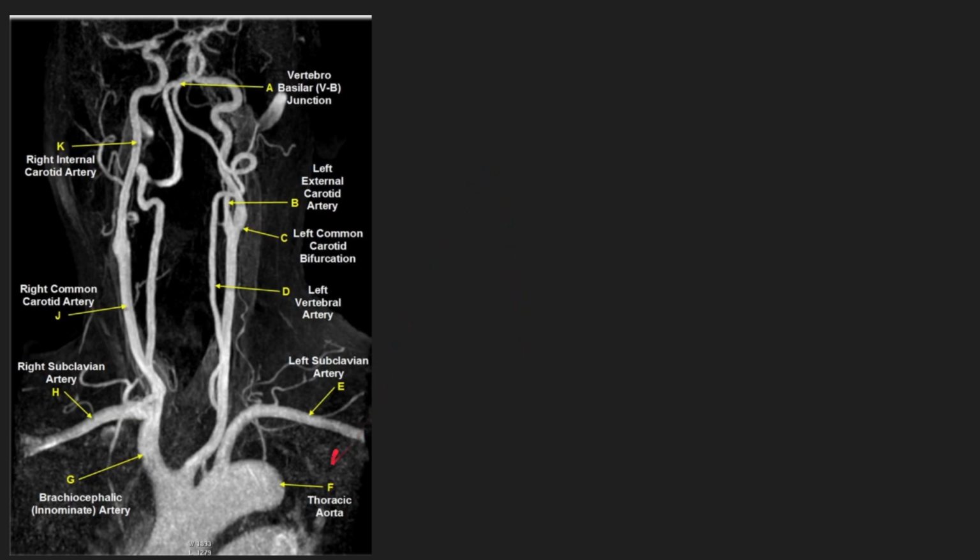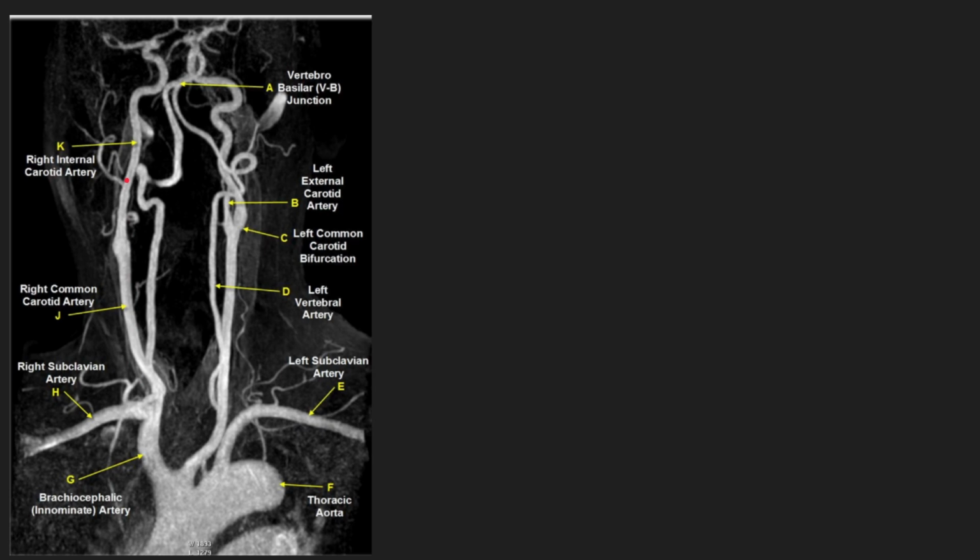For the carotid, so you have the thoracic aorta, the brachiocephalic coming here, right subclavian and left subclavian. And then here you have the left vertebral artery, and this will be the right vertebral artery. Right subclavian artery again, so you have the right carotid.